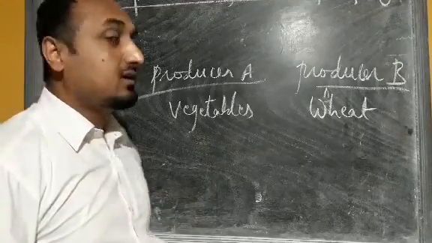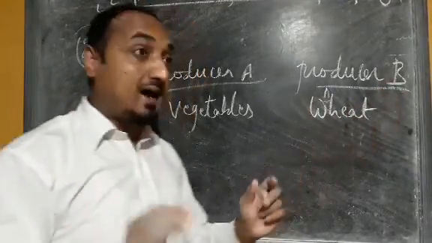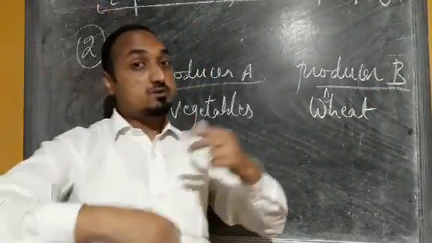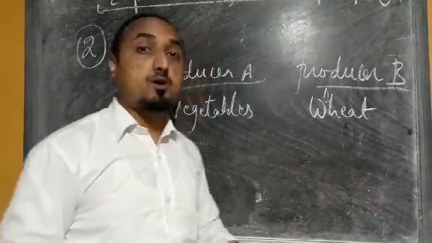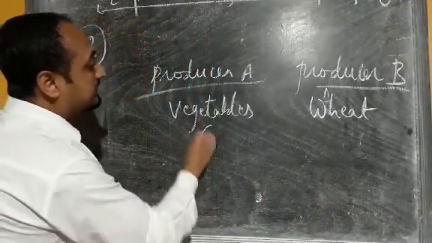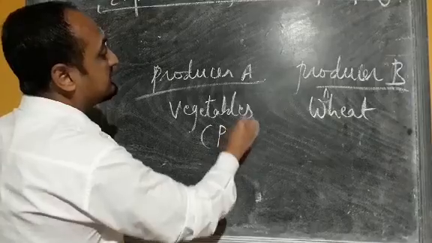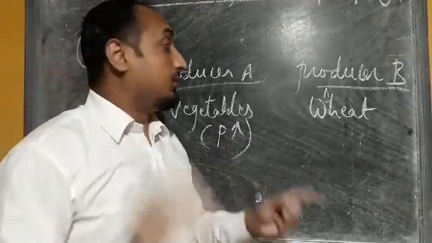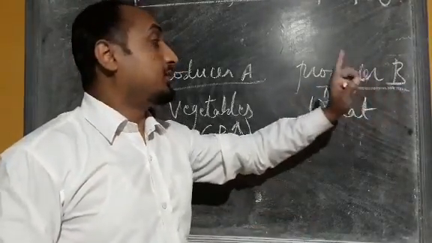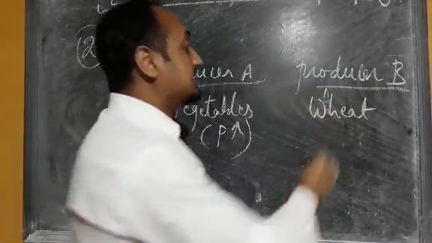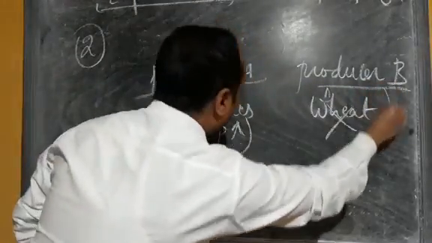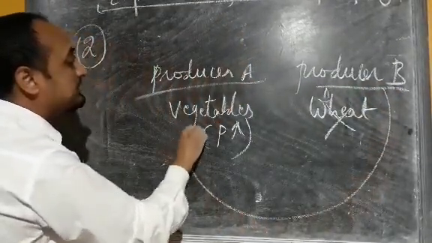Now when producer B sees that producer A, by producing these vegetables, is earning more profit, because the price of these vegetables is high, what will producer B do? Producer B, instead of producing wheat, will also start producing these vegetables.